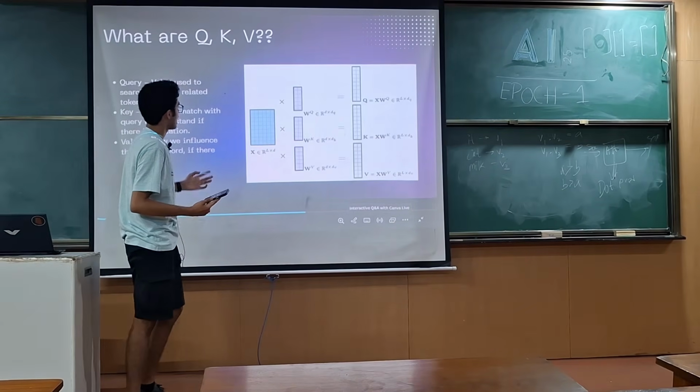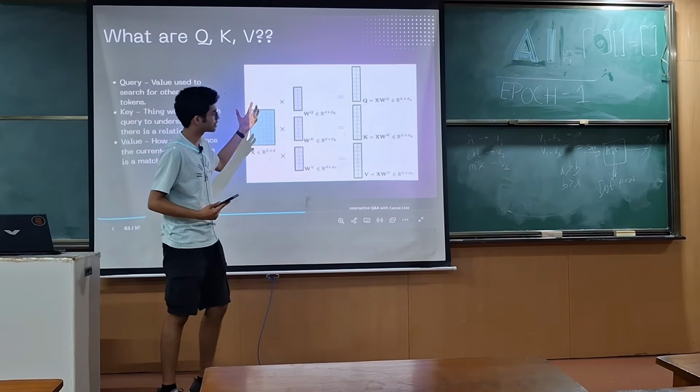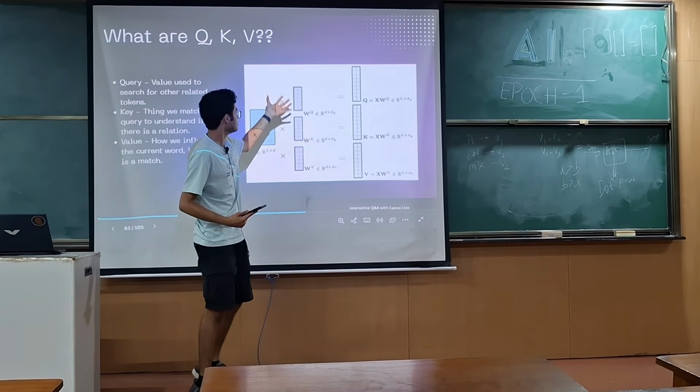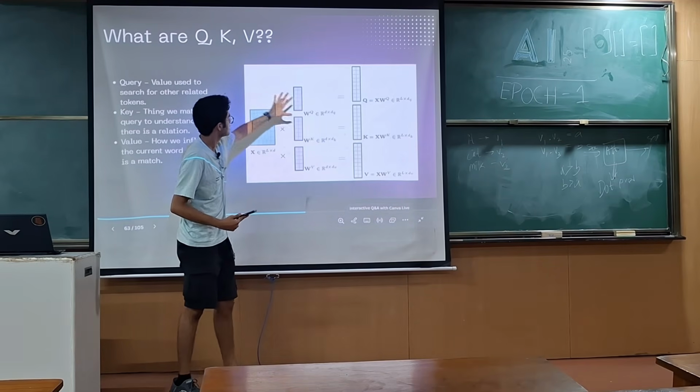So I am basically taking my original vectors and rotating them using matrices. I'll talk about this right now.